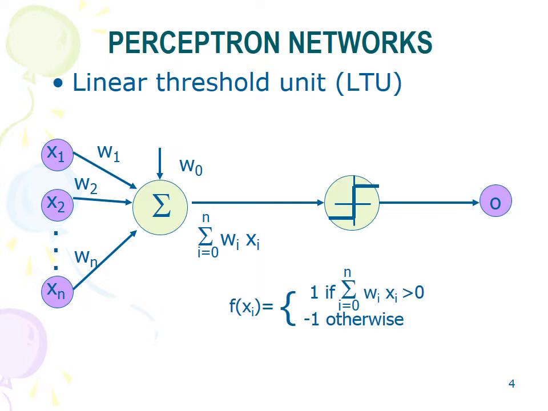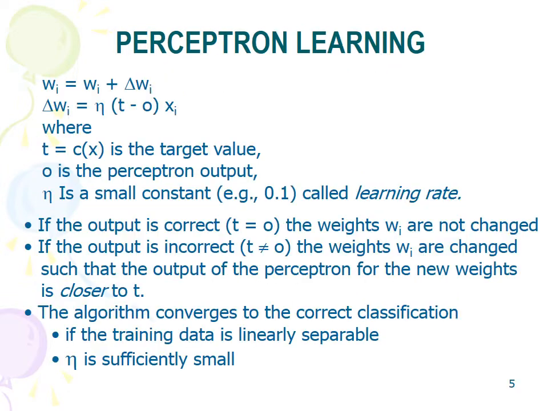The summation runs over i equal to 0 to n, where n is the number of inputs, and it is the combination of weight and inputs, that is wi into xi. For the activation function, f of x will be equal to 1 if the summation of wi xi for i equal to 0 to n is greater than 0, otherwise minus 1. So if it is less than 0, the output will be minus 1. This is the perceptron.